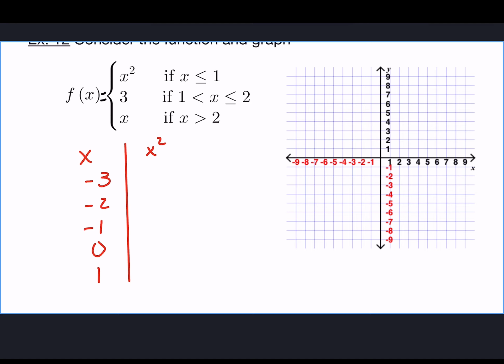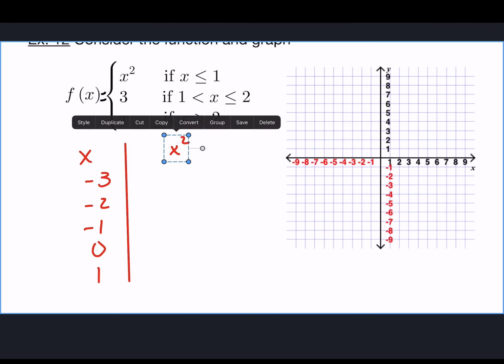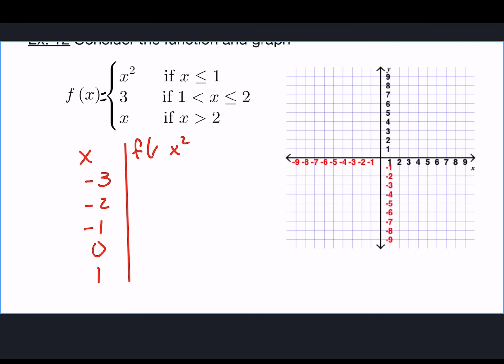Yes. And let me rewrite this: f of x equals x squared. Okay, what's 1 squared? 1. What's 0 squared? 0. What's negative 1 squared? 1.